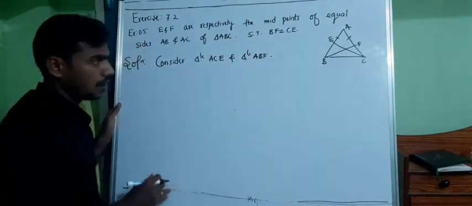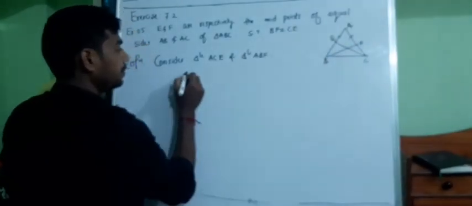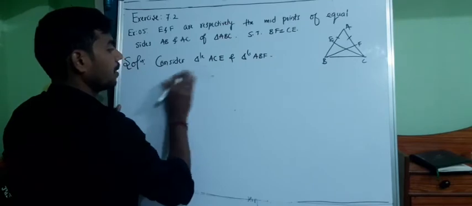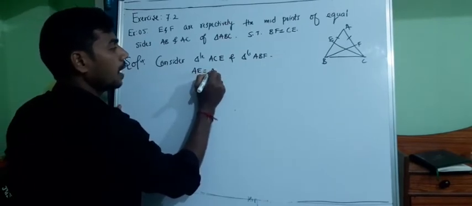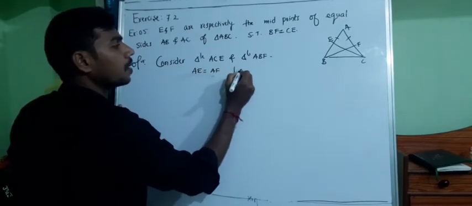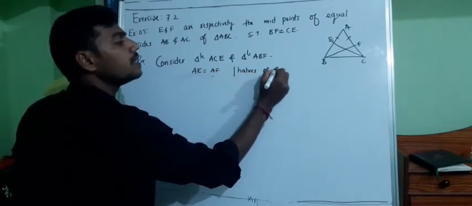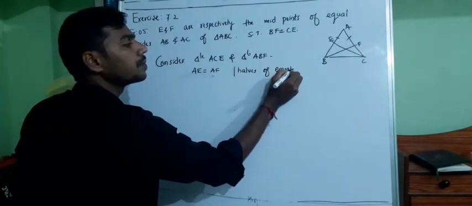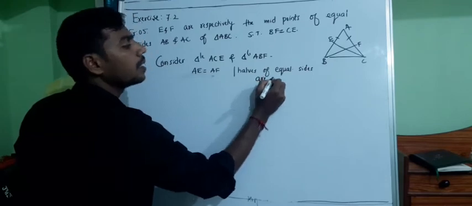Fine. Now, in this, AE is equal to AF. Halves of equal sides are equal.